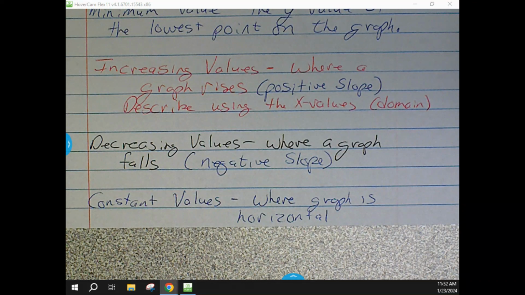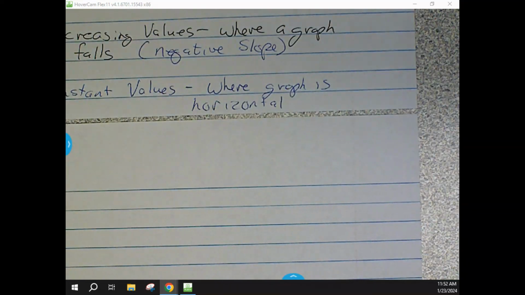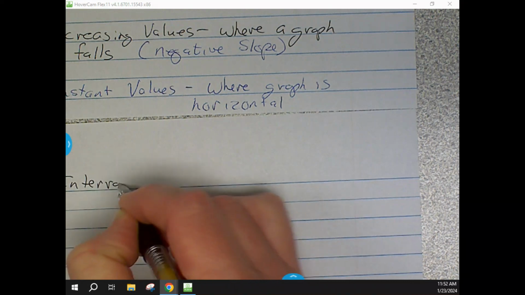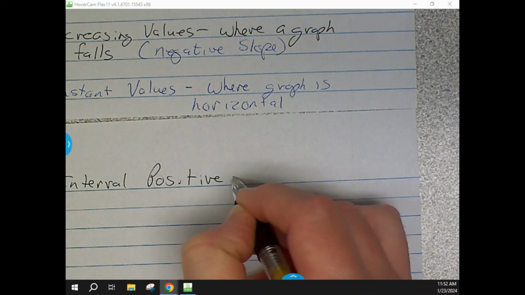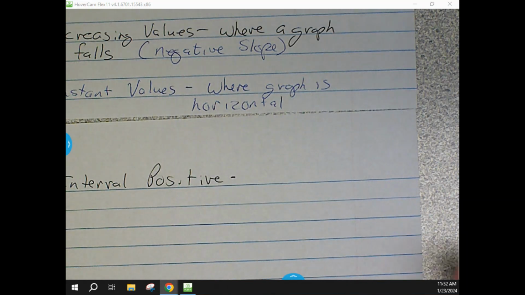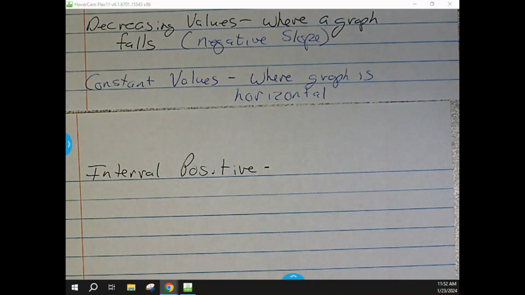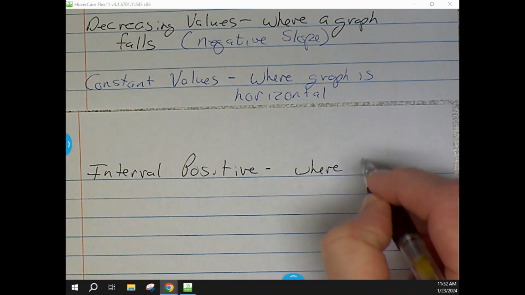Okay. All right. Now, one other thing they kind of use to tie in with this one, it's a little different. It's a different set, but we're still kind of along that same idea, same thought process as we're going through these. One other thing they're going to talk about is where they talk about something being interval positive. And where they talk about where the interval is positive, this is where the graph is above the x-axis.